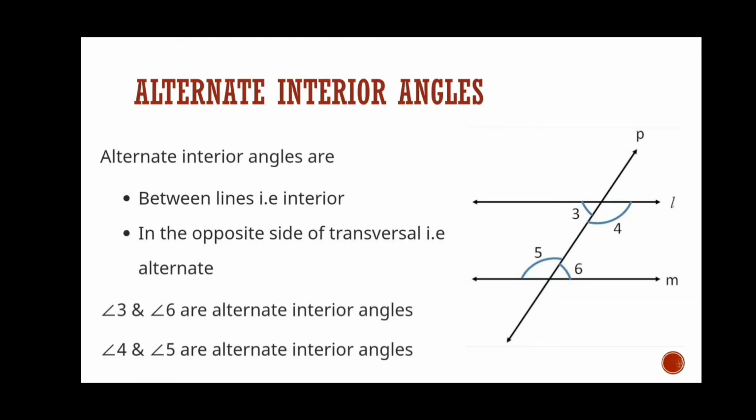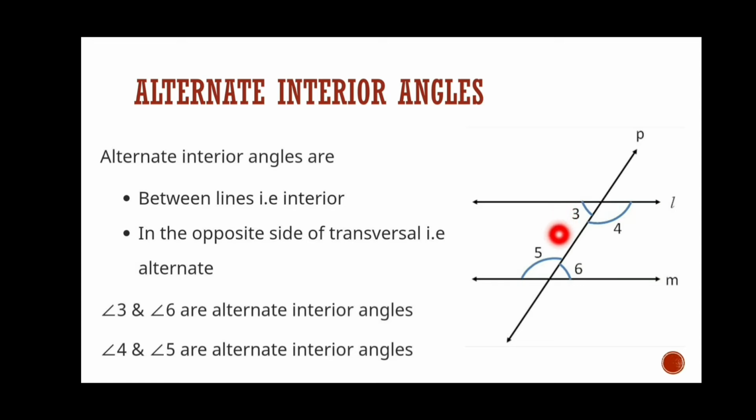Now the next is alternate interior angles. Alternate interior angles are between the lines, which are already interior, in between the two lines. That's why it is called interior. And on the opposite side of the transversal, meaning alternate. So suppose this angle is here, what will be the opposite side of this angle? That is angle 6, because this is the transversal, angle 3's opposite side is this side, so angle 6 will be the alternate interior angle.